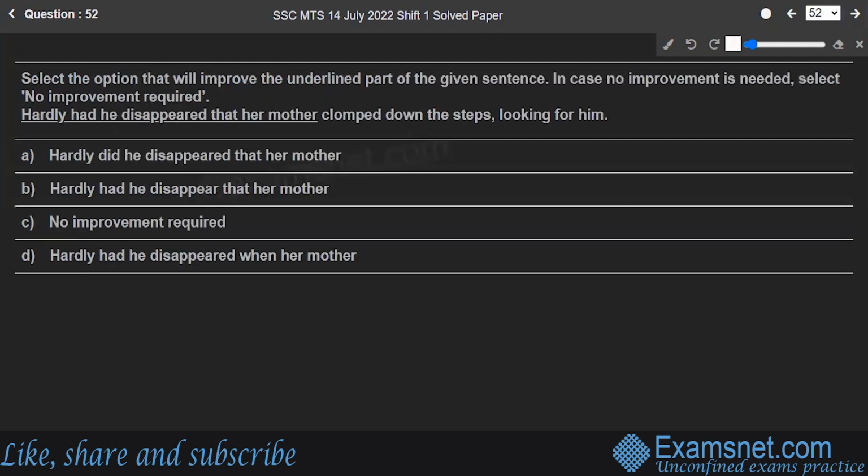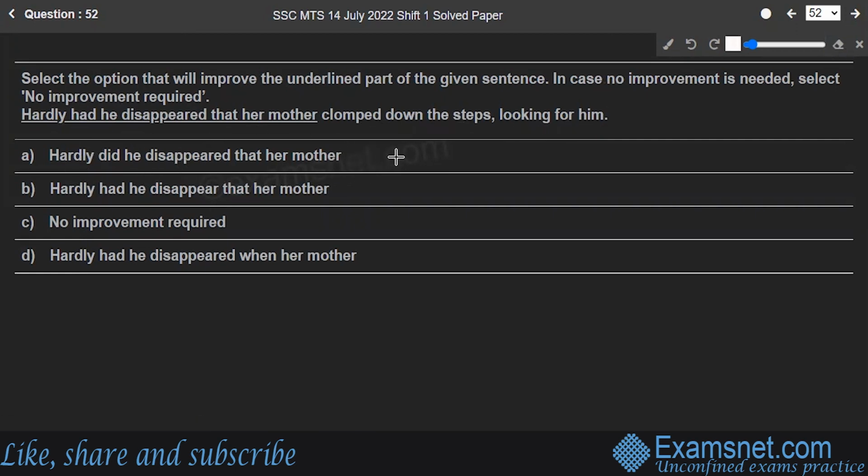Hope you are clear. Next is question number 52. Select the option that will improve the underlined part of the given sentence. In case no improvement is needed, you can select no improvement needed. Okay, so let's read it out. It says, hardly had he disappeared that her mother clomped down the steps looking for him. So what is the erroneous part in the sentence?